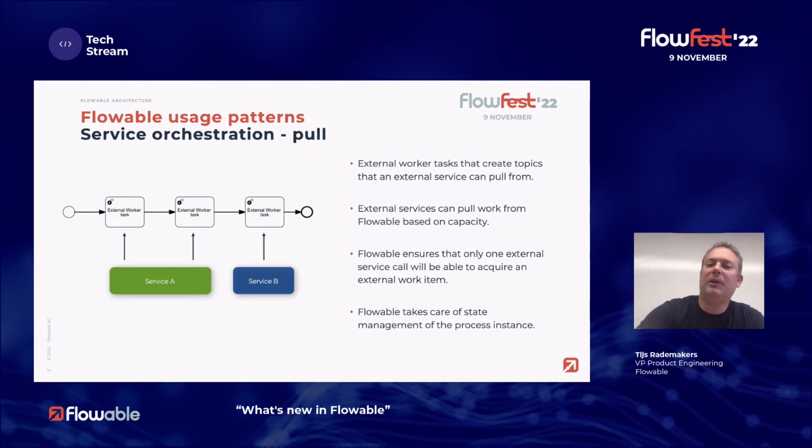They will all pull for work in Flowable and execute it. And Flowable will make sure that only one of those service instances will be able to acquire this work. And so that we will take care of, and we use our locking and job mechanisms for that. But it's really another pattern to interact with Flowable. Instead of that Flowable pushes out, you are actually getting data or getting work from Flowable. And of course, Flowable then still takes care of all the state management that you always have.